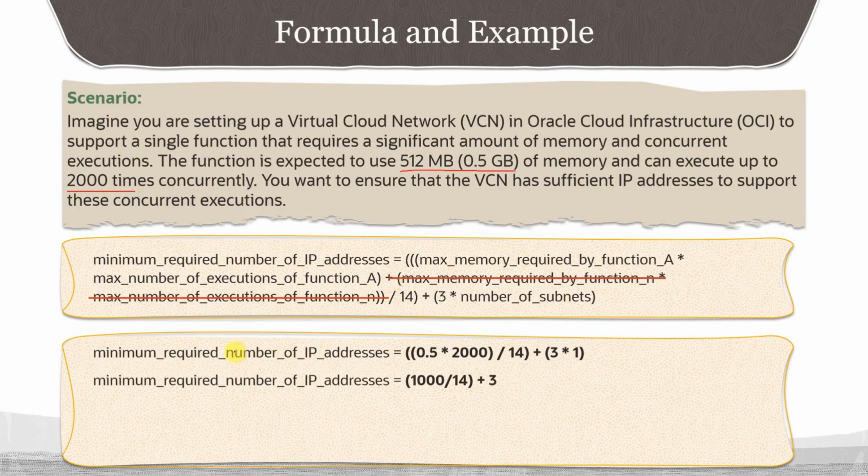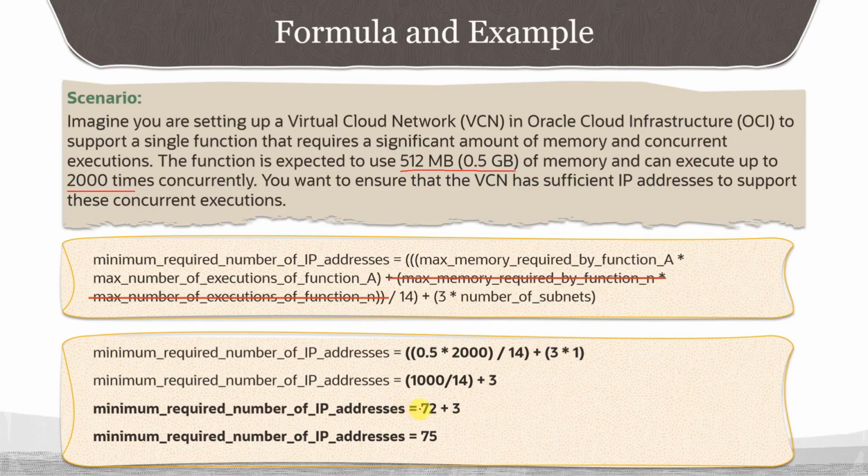The number of free IP addresses required for concurrent executions of the function is 72, that is 1000 divided by 14, and the number of IP addresses reserved for internal use is 3. Since there is only one subnet, we are multiplying 3 with 1. Therefore, 75, that is 72 plus 3, is the minimum number of IP addresses that OCI functions require in the VCN.